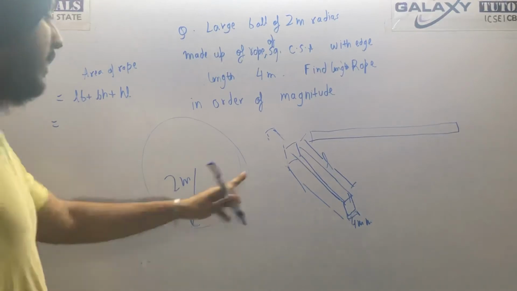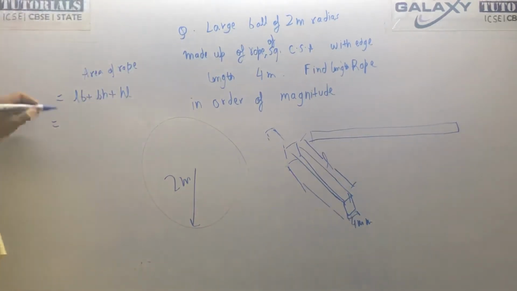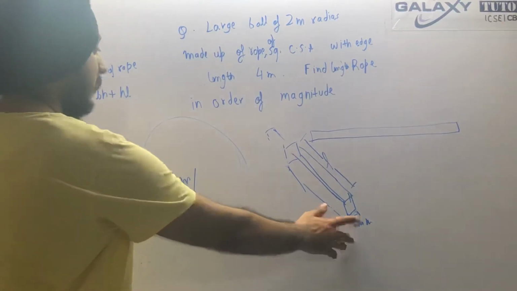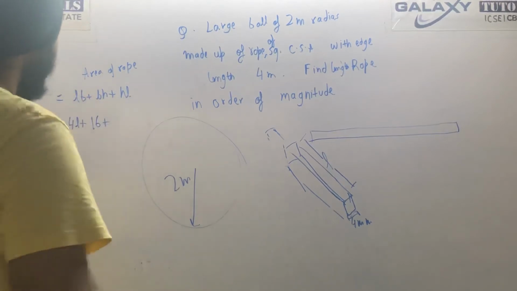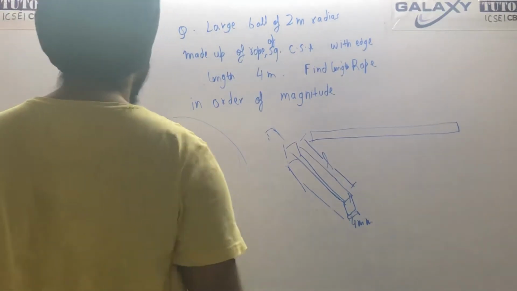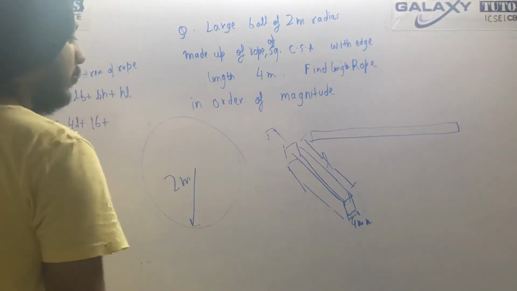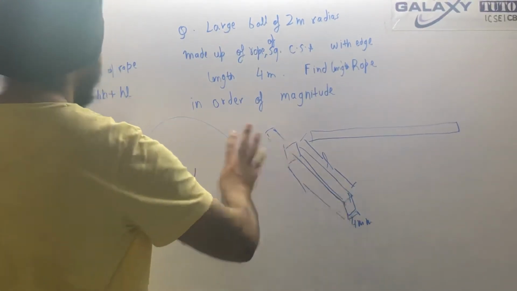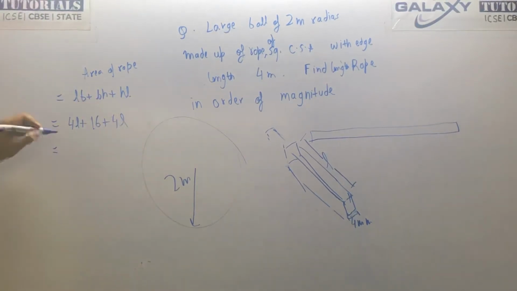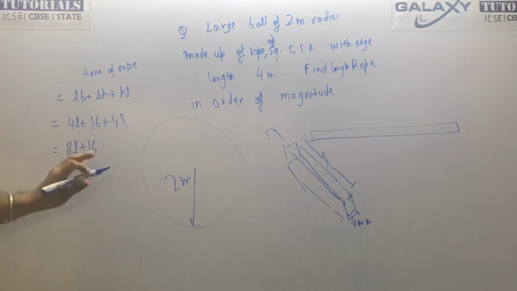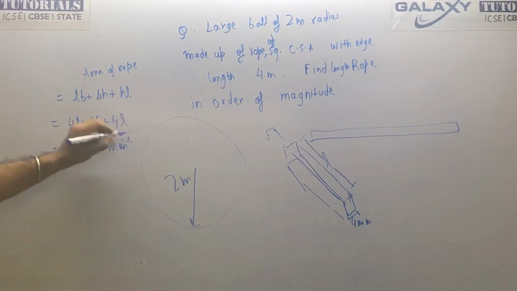Length into breadth, where breadth is 4 mm, gives 4L. Then breadth into height is 16. Then height into length, where height is also 4 mm, gives 4L. So I get 4L plus 4L, which is 8L plus 16, in mm squared. This is the area of the rope.